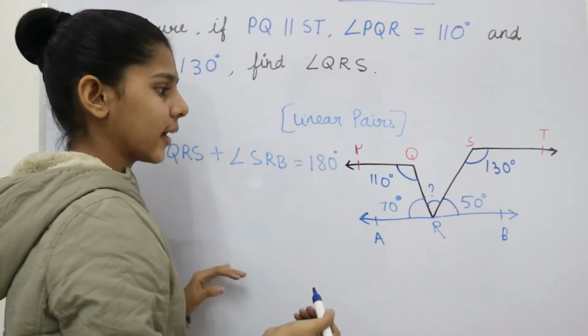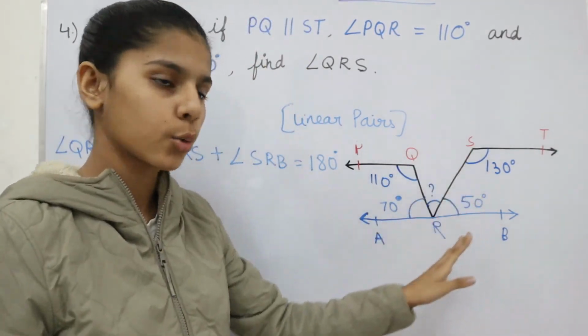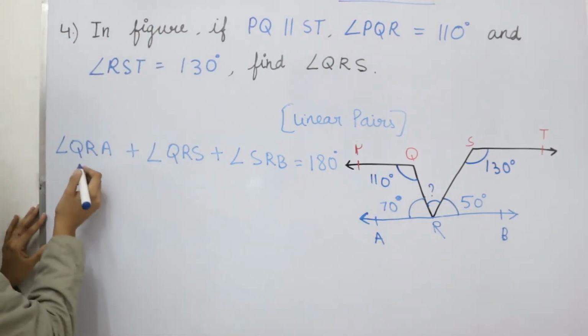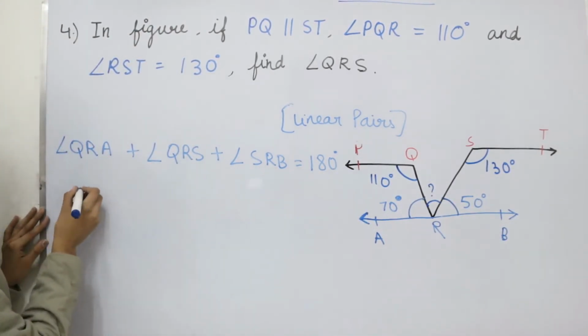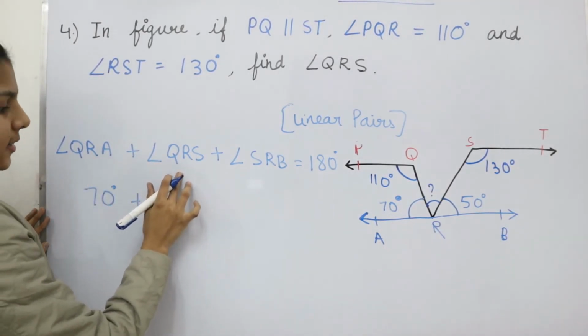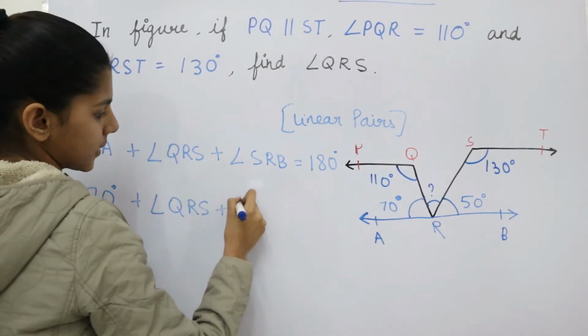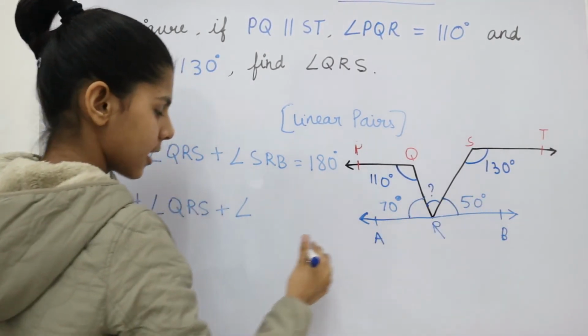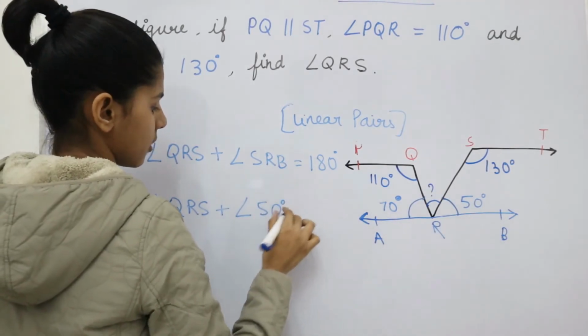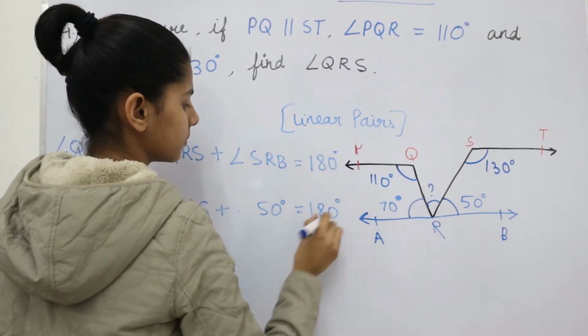A pair is of two angles, so we can say this is one angle and this is another, and we have just divided it into three angles. Now QRA is 70 degree, so we write 70 degree in its place. QRS we are calculating, so we write it as it is, plus angle SRB, which is 50 degree, is equal to 180 degree.